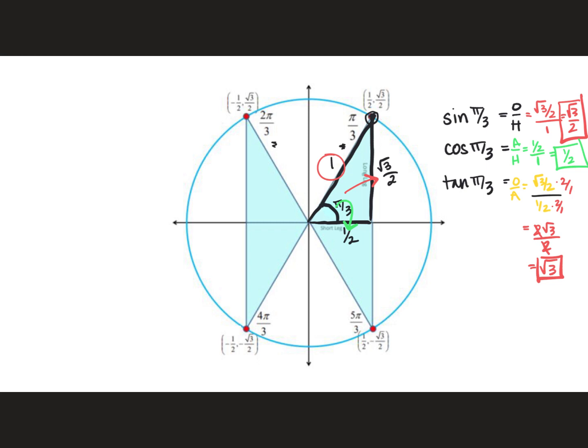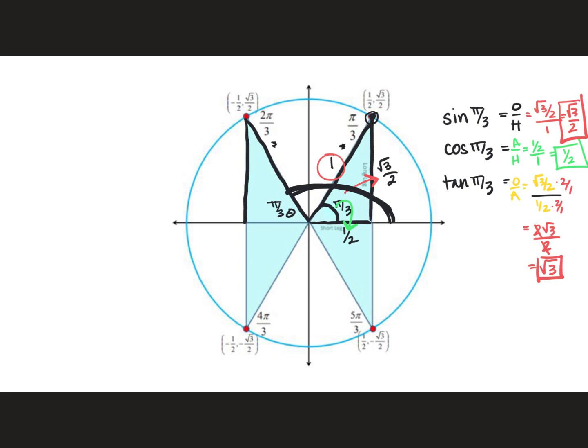Now I've got these three over here. There is going to be a pattern that you should end up picking up on. I'll show it to you over here on this triangle. 2 pi over 3 would be that big angle right here that I just traced. Then in here is our reference angle, which is pi over 3.